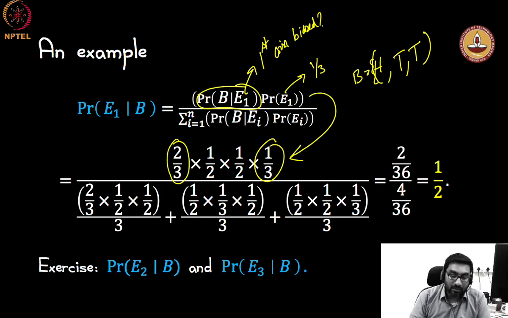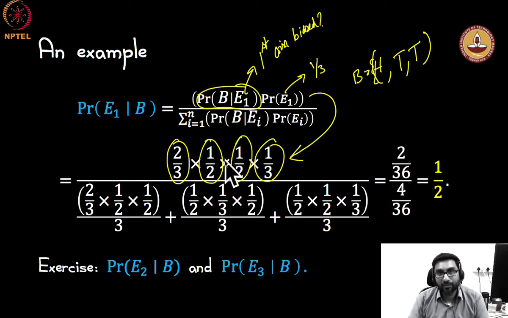Okay, and given that the first coin is biased, what is the probability that the second coin will come out tails? Well, if the first coin is biased, then the second and the third coins are unbiased. So they will come out tails with probability half each.